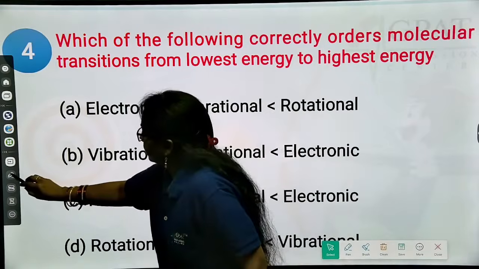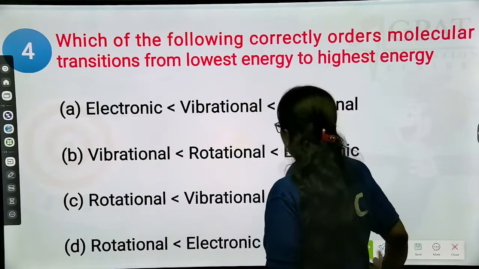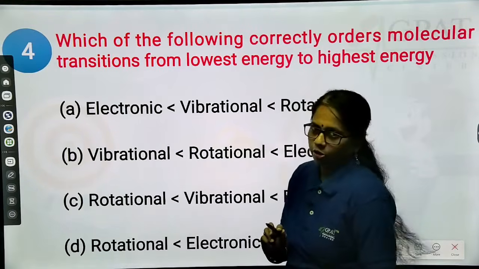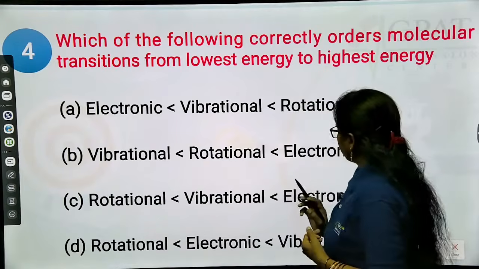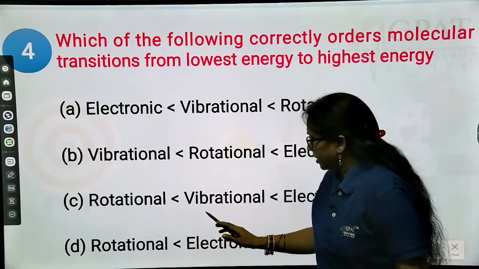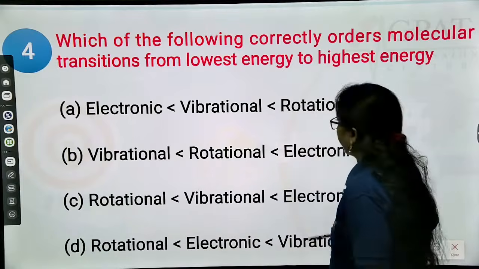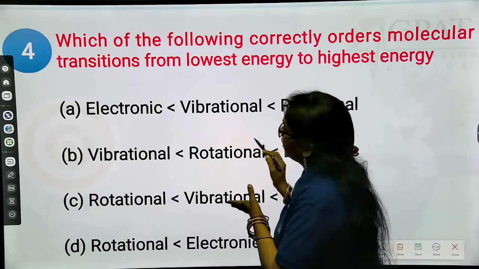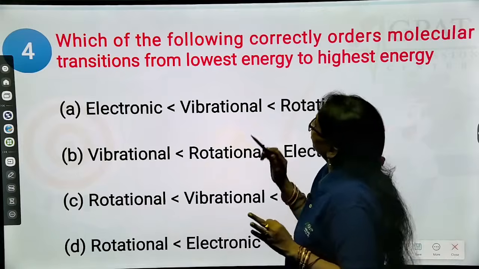First option they have given electronic less than vibrational less than rotational, and second one vibrational less than rotational less than electronic, and rotational less than vibrational less than electronic. Next, rotational less than electronic less than vibrational. They have just jumbled it, but finally electronic, vibrational, rotational, these three only they have focused.